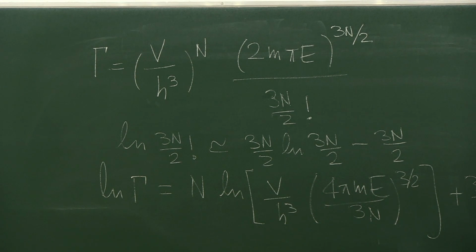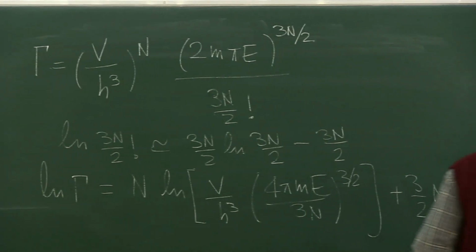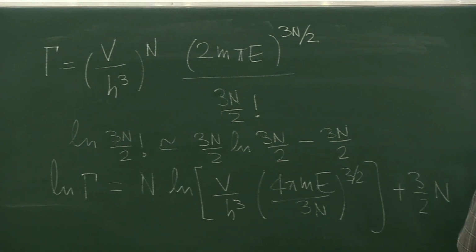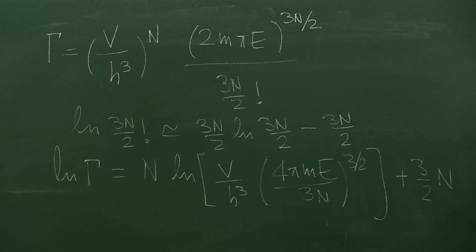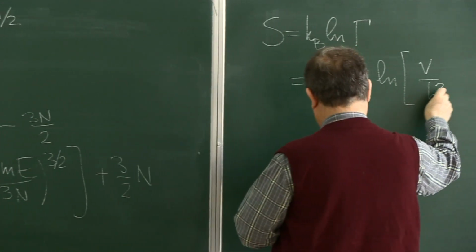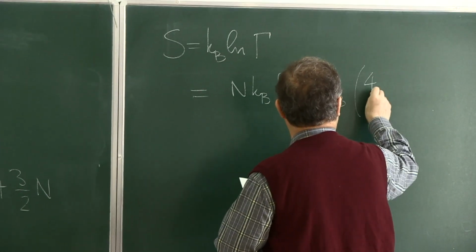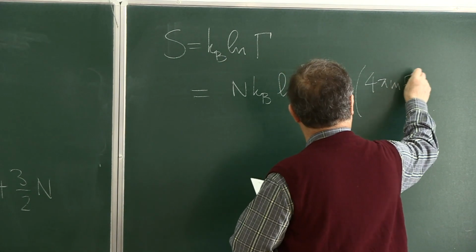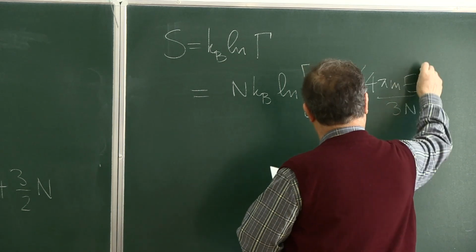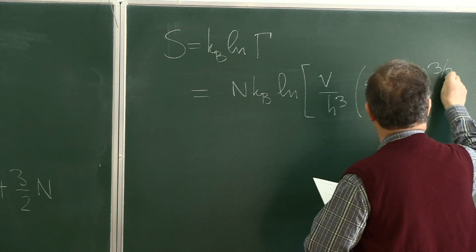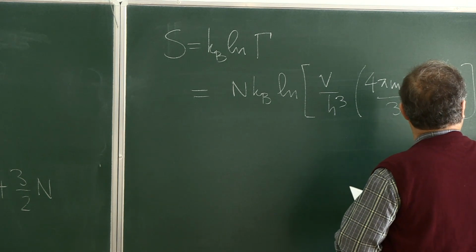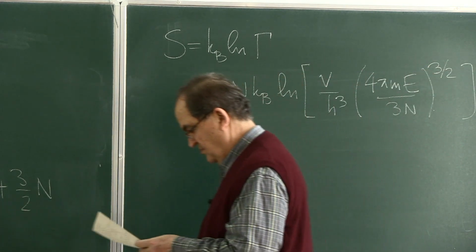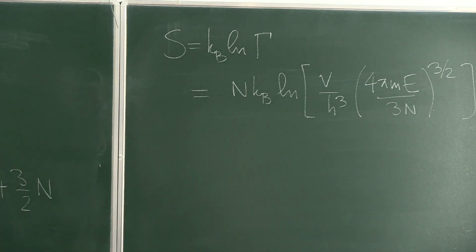Entropy, kB ln gamma. So it is N kB ln. Can I go from here to the energy?